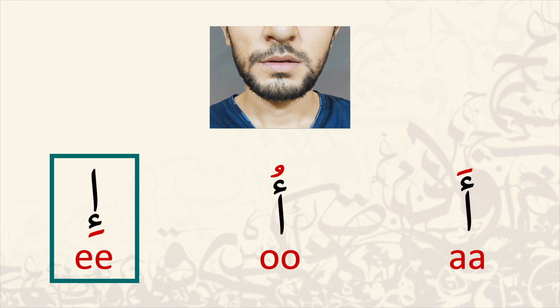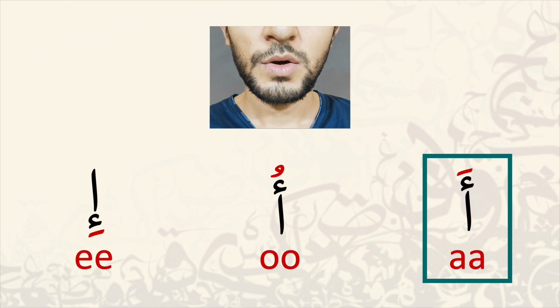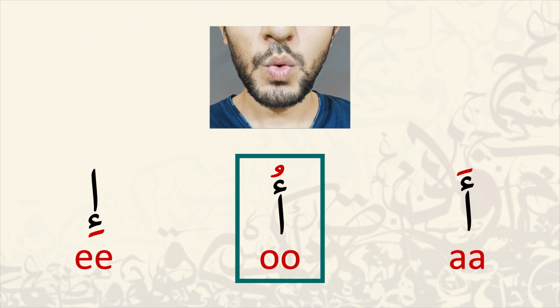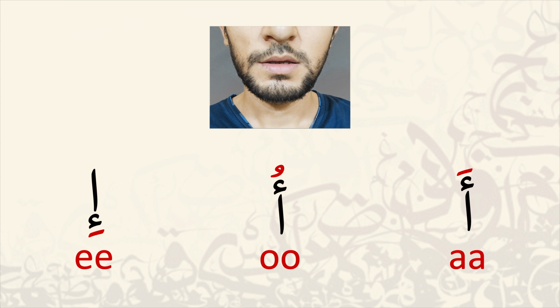E. And here you may notice that the Hamza moved to be below the Alif. So the three labels of Alif are A, O, E. This letter in specific has many forms and rules. Later, we will talk extensively about them.